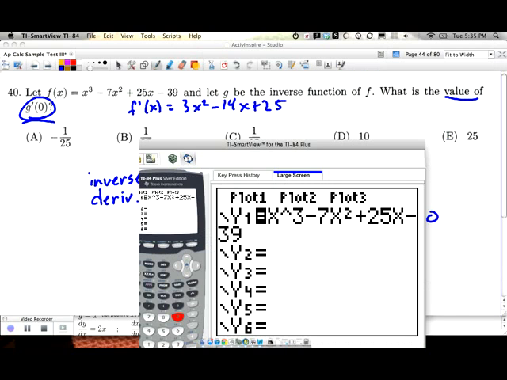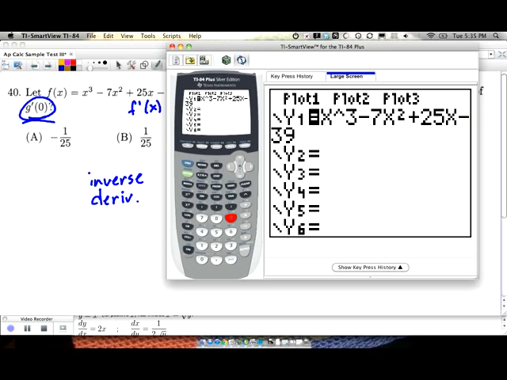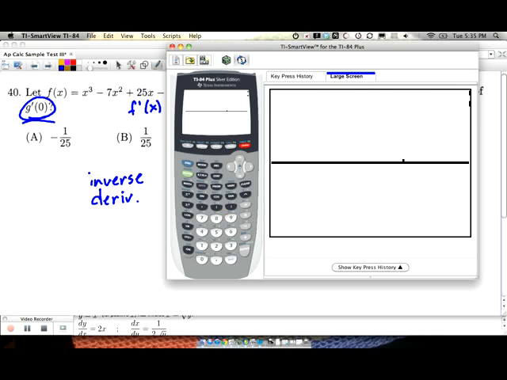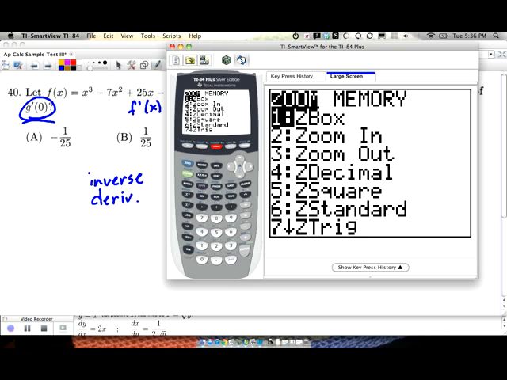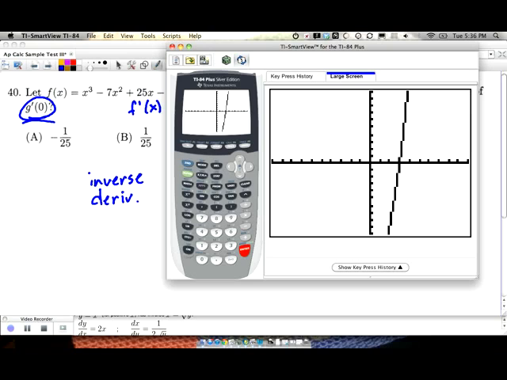Do they give us an interval? No, it just says find the 0. So I need to graph it. Probably need to change my window though. So let's do just a standard zoom. Get a general idea, see if we can get it from there. Well, it looks pretty clear. It looks like it hit 0 right around here. It looks maybe right about 3. There is a way to confirm that though.